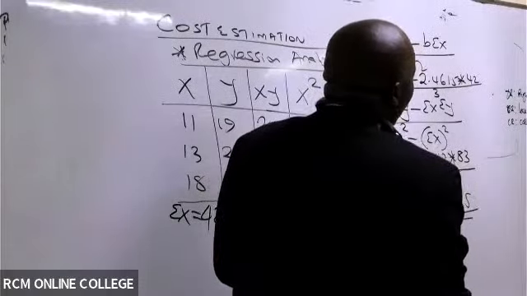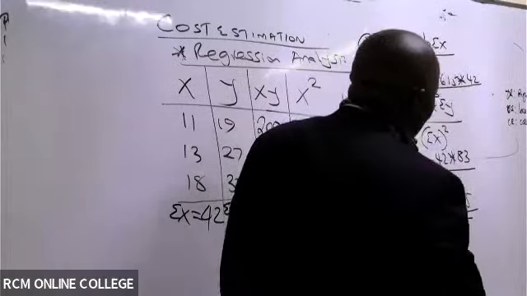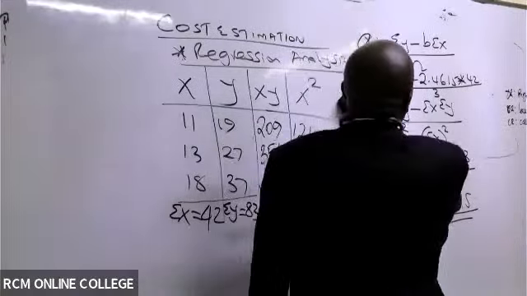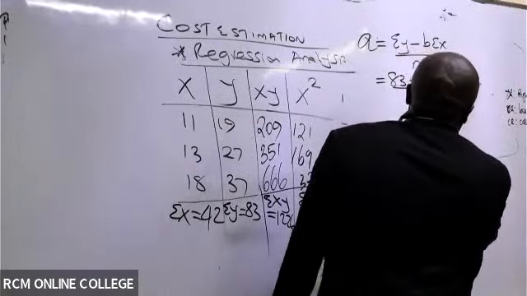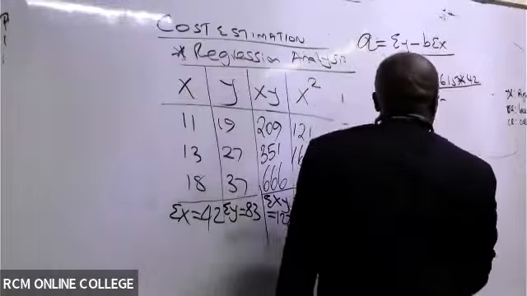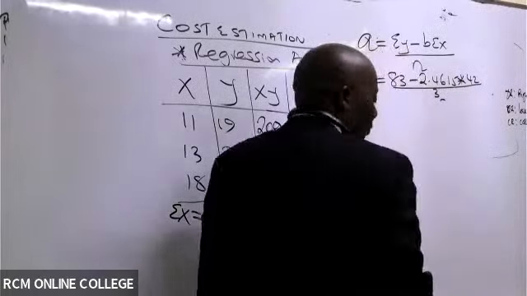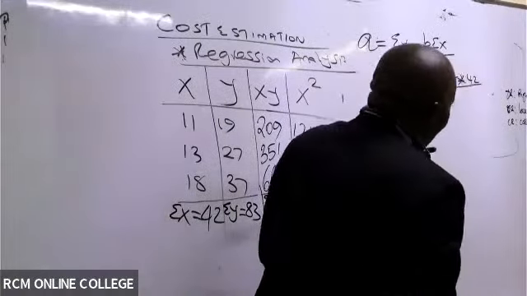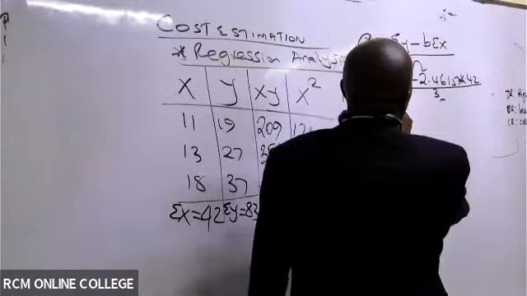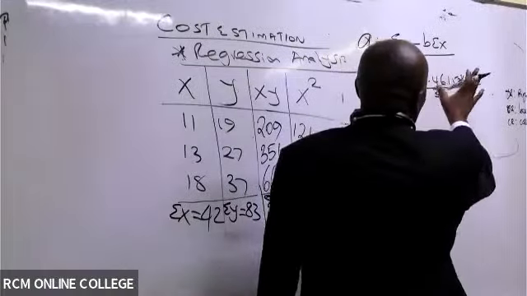Is there a bright student who can give me the value of the numerator? The numerator alone: 83 minus that times 42.